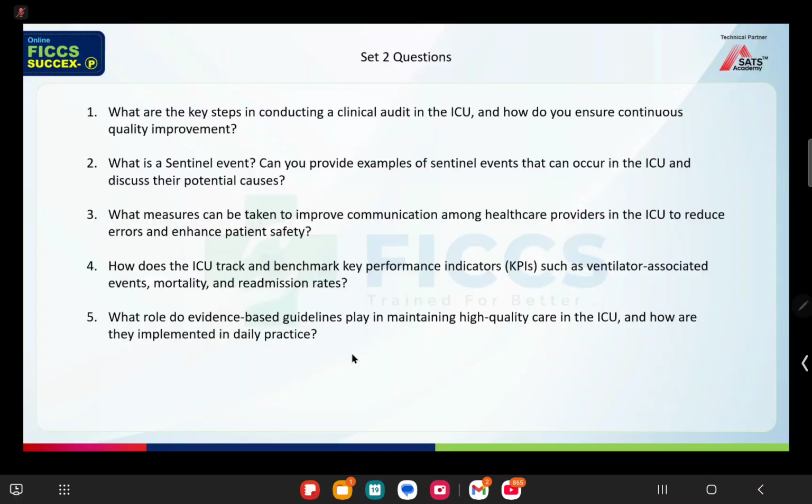Okay. What is VAE? You know what is VAE? Yes, ma'am. Ventilator associated events. They are from the ventilator associated infections.